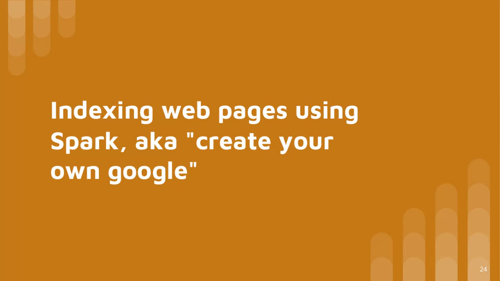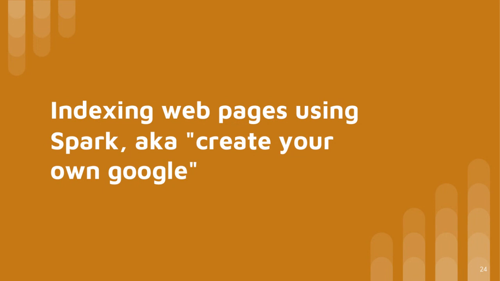Okay, here's an example of indexing web pages using Spark. It's like your own Google, because you have a lot of web pages as inputs, and then you can create an inverted index. That means for every word in each web page, you create a link between that word and the URL of the web page that contains it.